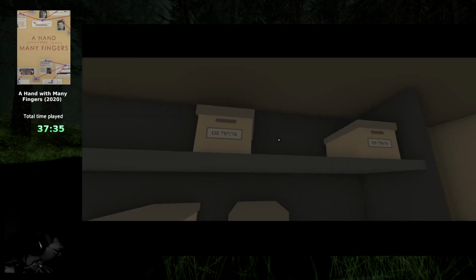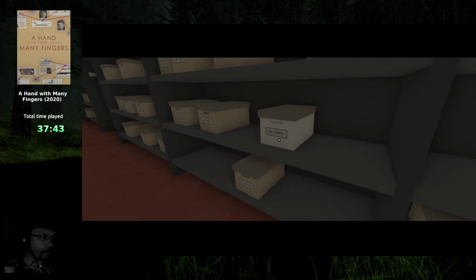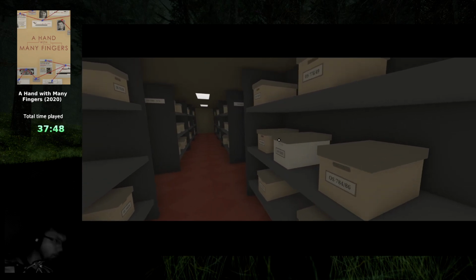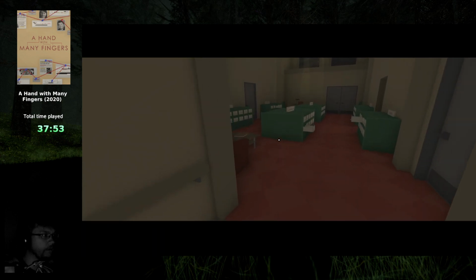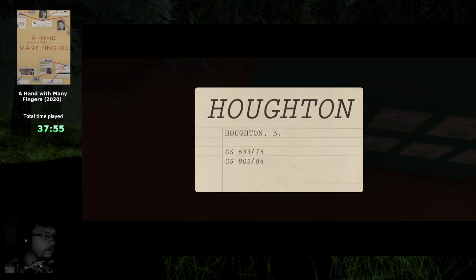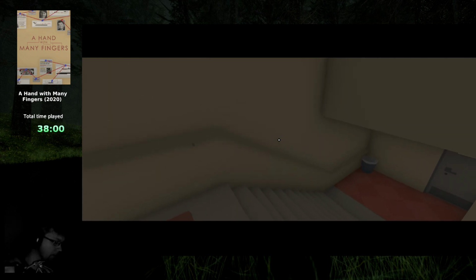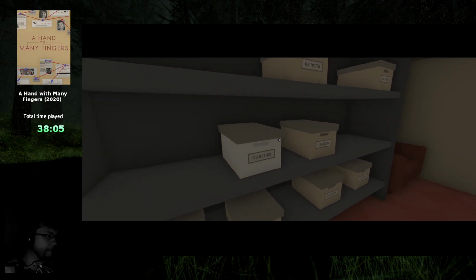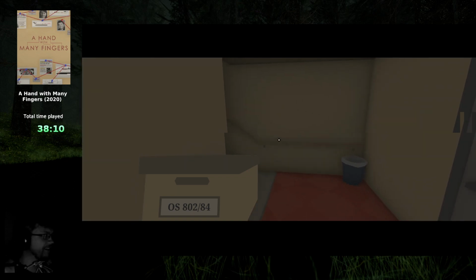Did I have it already? No. Did I get it right? Where is 80285? 84. Fuck. I thought the game was trying to have a twist.